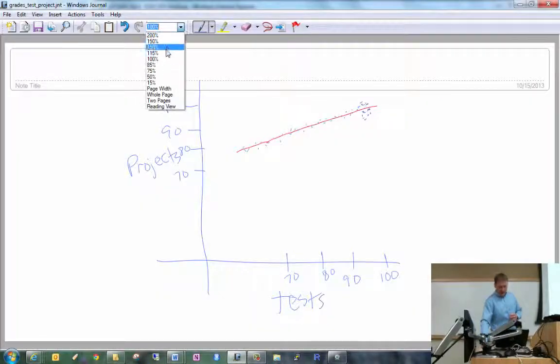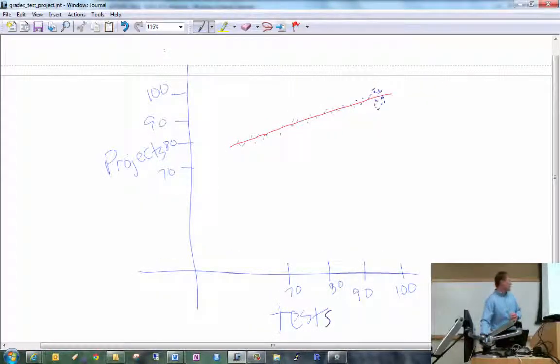Here's a typical scatter plot for when I use this projects and tests format in an applied stat course like this. This is the typical scatter plot that I see of projects versus tests. What you see here is that there is a large number of students that are clumped with very high grades in terms of both projects and tests.